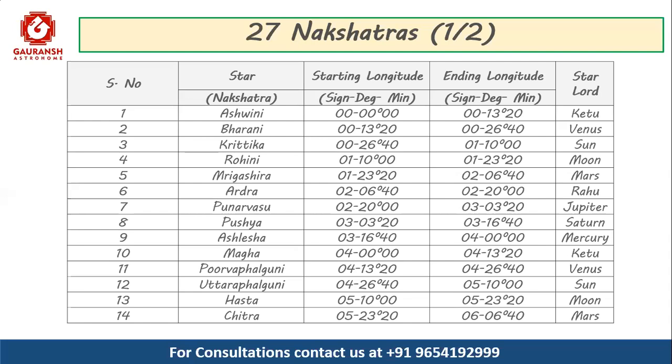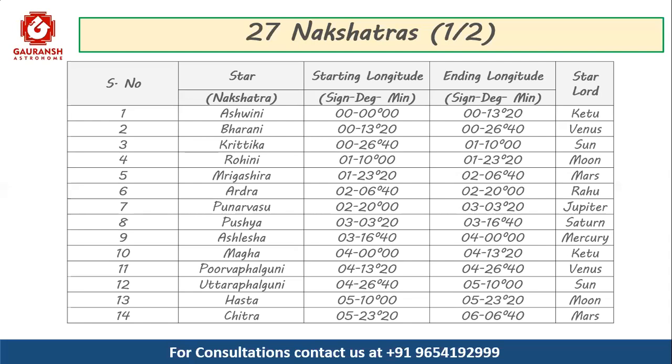So for the KP system, we should know the nakshatra lords. For Ashwini, the nakshatra lord is Ketu. For Bharani, which in the Aries sign starts from 13 degrees 20 minutes to 26 degrees 40 minutes, the nakshatra lord is Venus.